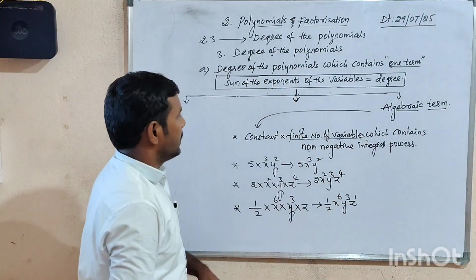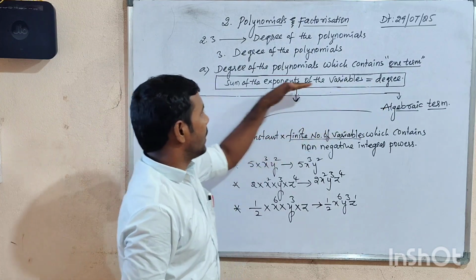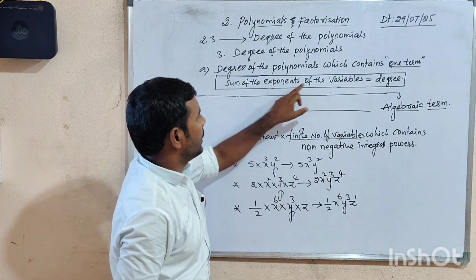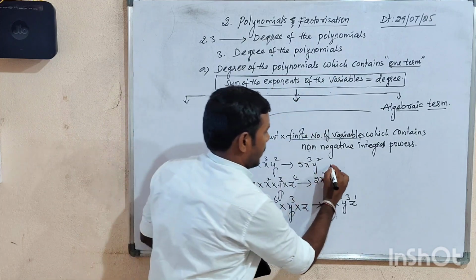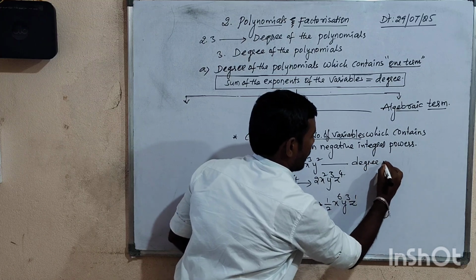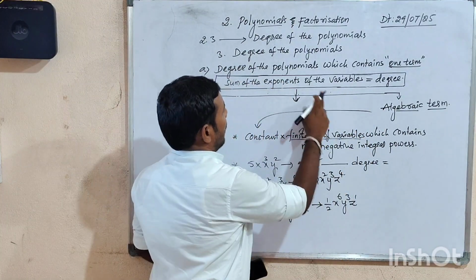But our topic is degree. What is the degree? Full-fledged definition: sum of the exponents of the variables. Now I am going to find a degree. Here the variables are x, y.